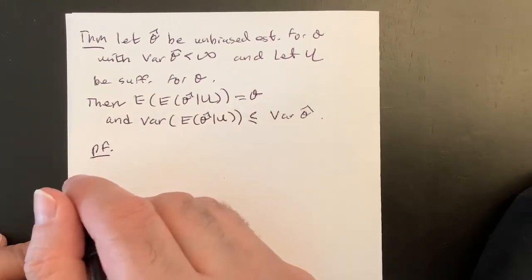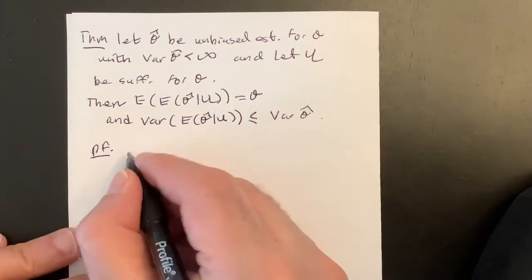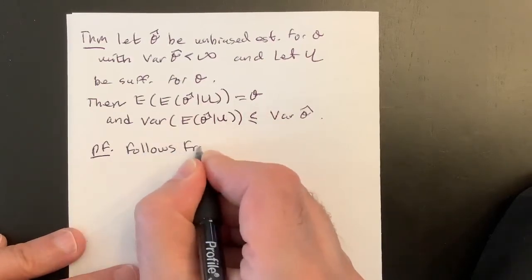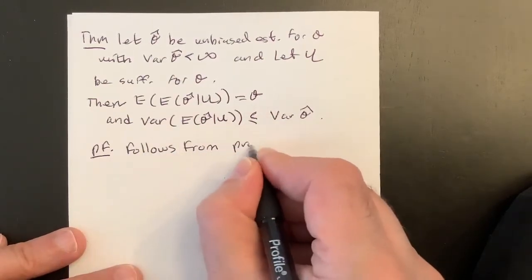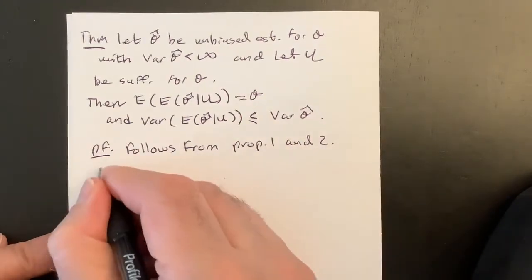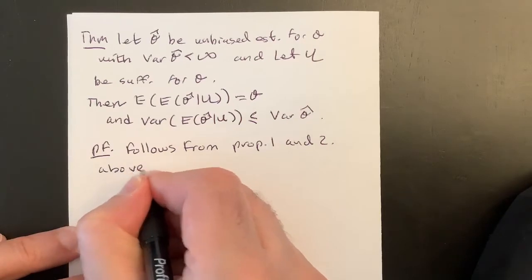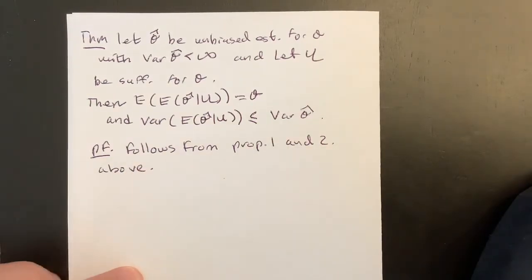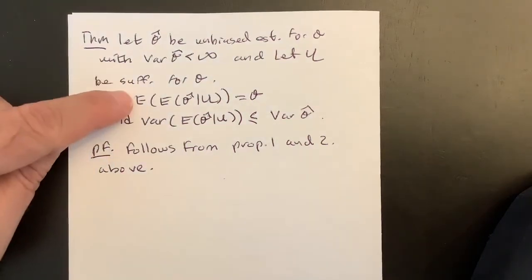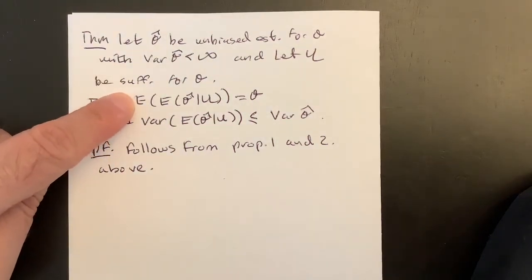So for the proof, maybe I should just write "follows from properties 1 and 2 above." It's straightforward. Again, I think it's good not to write everything down, since we did this already.